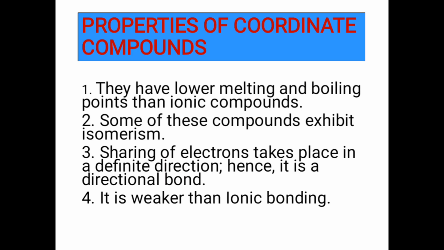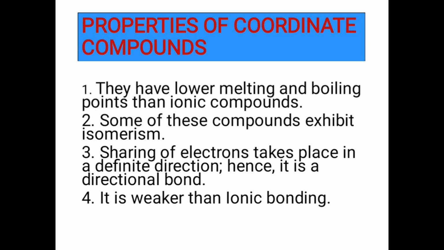Let's look quickly at properties of coordinate compounds. Number one, they have lower melting and boiling points than ionic compounds. Number two, some of them show isomerism. Some of them can be isomers. They have the same molecular formula but different structural formula. Number three, another property of coordinate compounds is that sharing of electrons takes place in a definite direction.